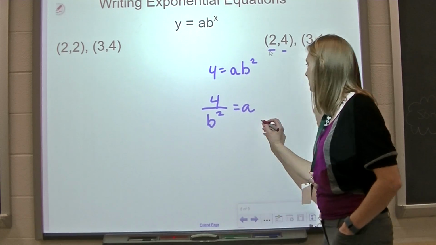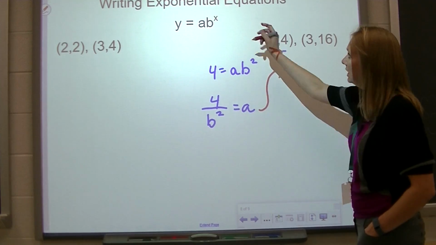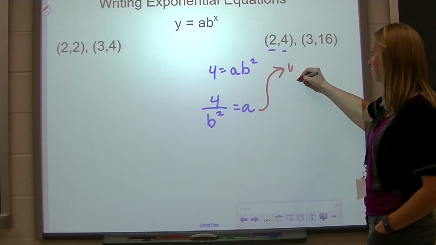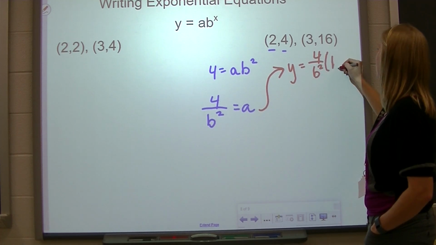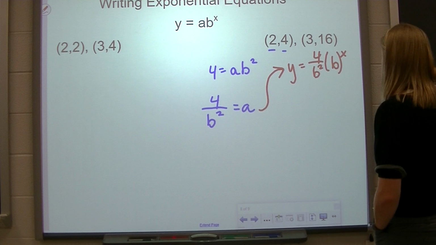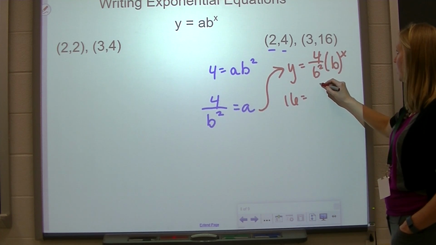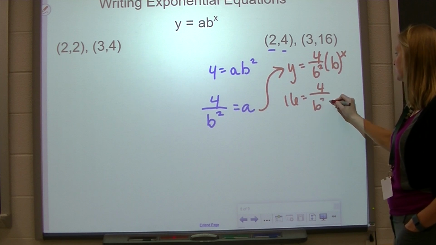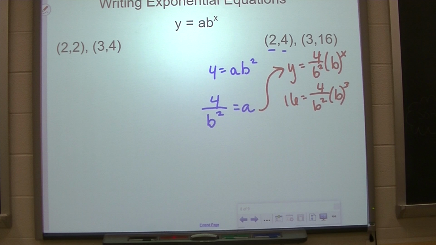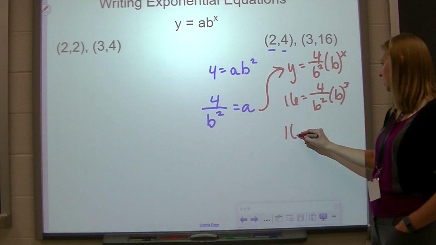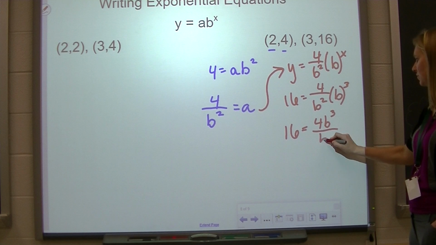So we're going to take that and plug it in for a here. So we're going to have y equals 4 over b squared times b to the power of x. I'm going to use my other ordered pair, so 16 equals 4 over b squared times b to the third power, which once again very nicely gives us 4b to the third over b squared.